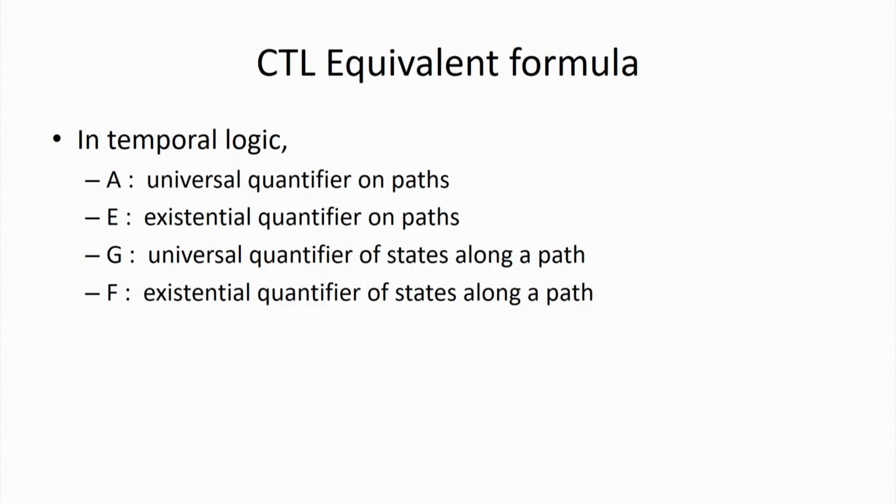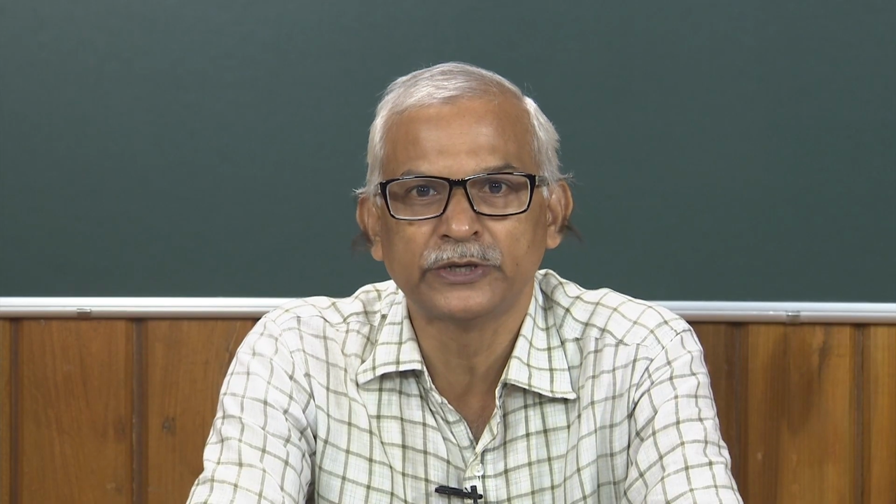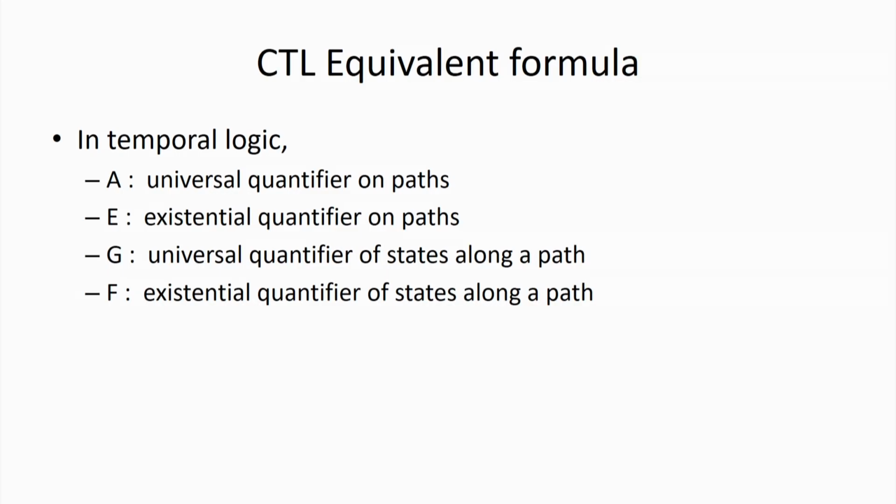We also have two temporal operators: G, which means globally, and F, which means in future or eventually. If you look into the exact notion, G can be treated as a universal quantifier of states along a path. We are talking about all possible states in a given path.